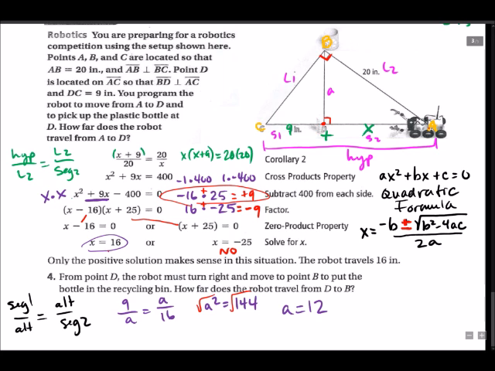Square root of 144 is actually 12 or negative 12. But negative numbers don't work for distance. So this is 12. We found this was 16. So it has to travel 12 inches. Oops, erased a little too much. 12 inches. This was 16 inches.